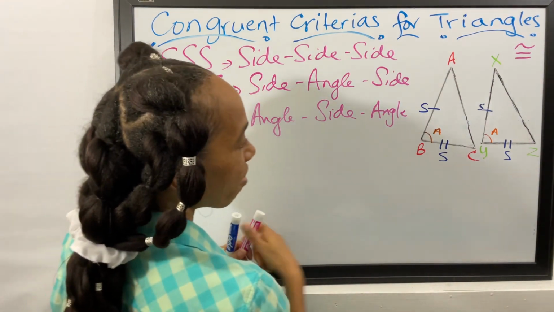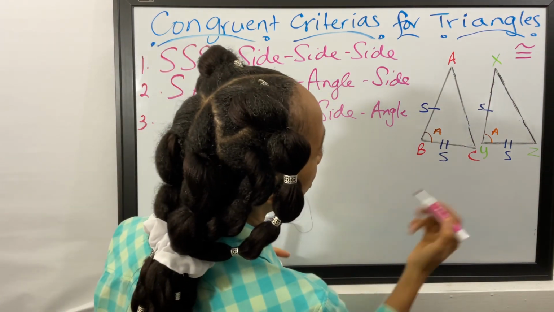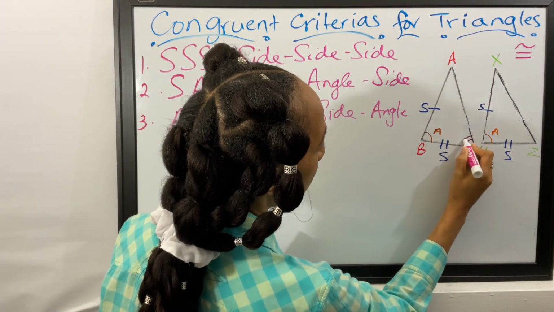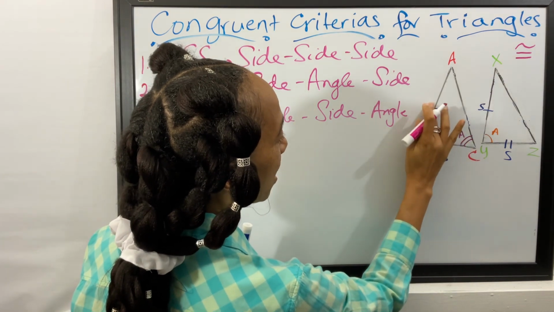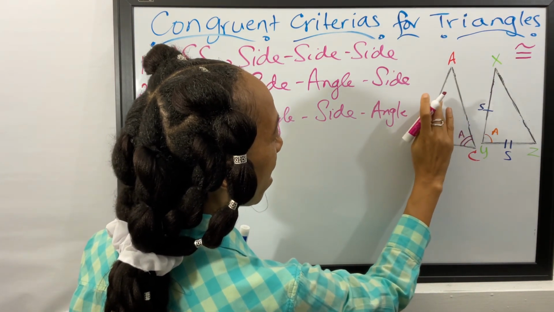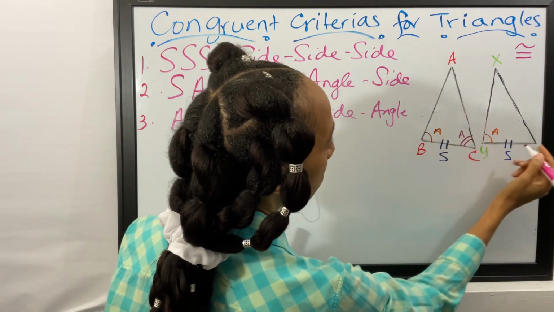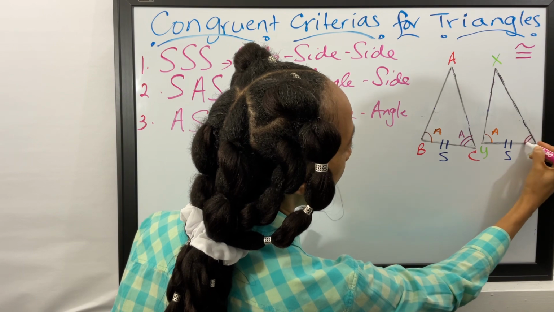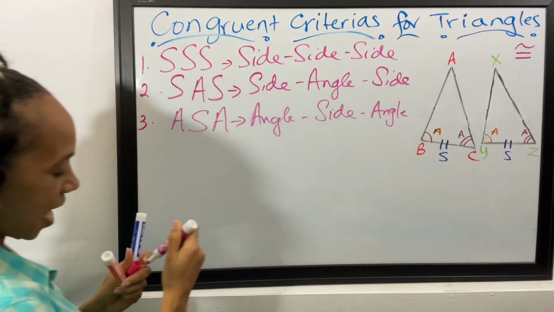Now I have here an angle and I have a side, right? And I need another angle. I'm going to put it right here, and I'm going to use 2 arcs, and I'm going to get rid of this side right here. I don't need this side because I'm demonstrating ASA for you.